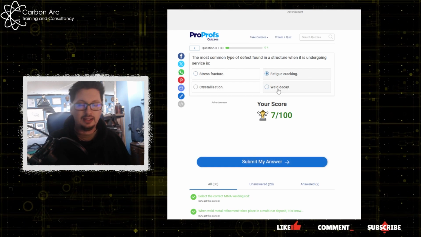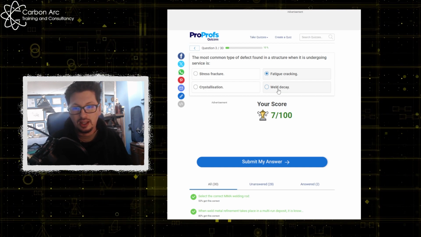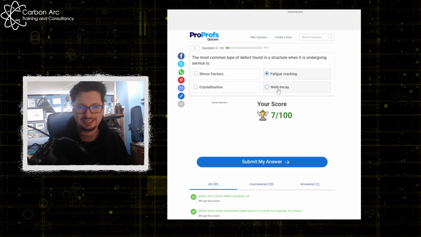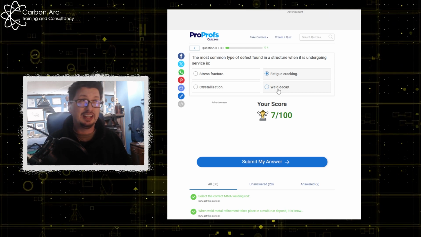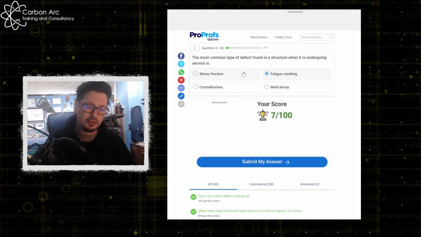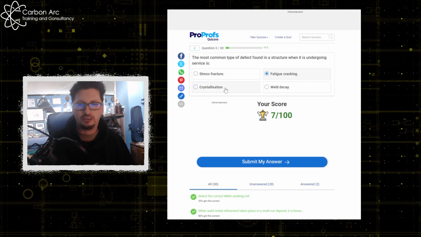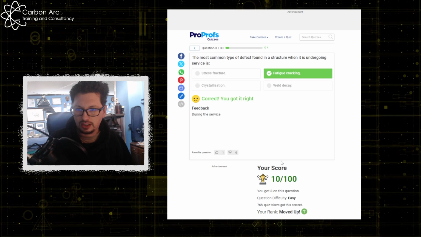Weld decay is in stainless steels. It's reduction in chrome content. Stress fractures, it's a type of service thing. I'd like to see what type of stress fracture it would be. Crystallization, not really a thing. So let's go with fatigue cracking. There we go.